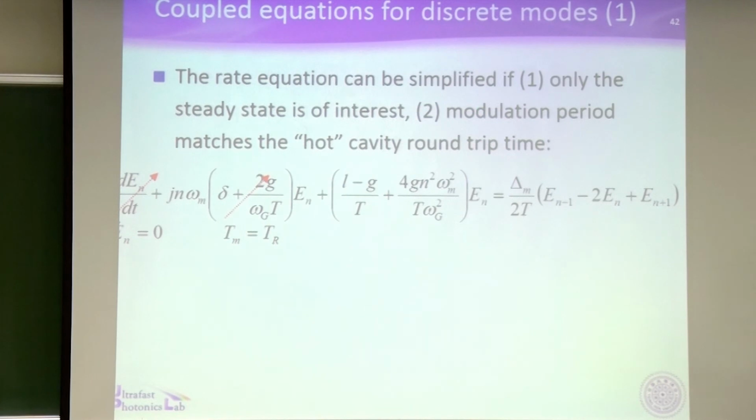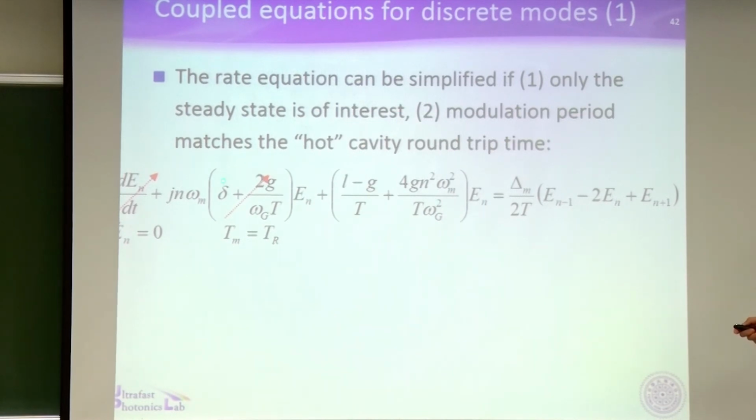Second, the modulation period matches the hot cavity round trip time. So if you are only interested in steady state, the first term can be dropped. Time derivative is 0. That is steady state. And secondly, if your modulation period, although different from your cold cavity period, is the same as the hot cavity round trip period, the second term can be dropped.